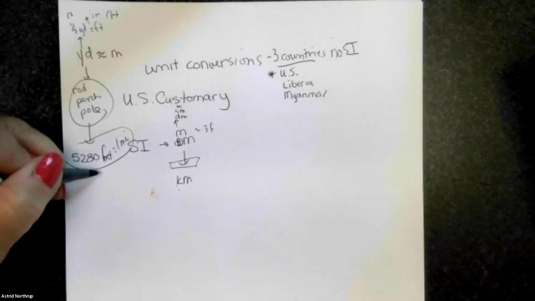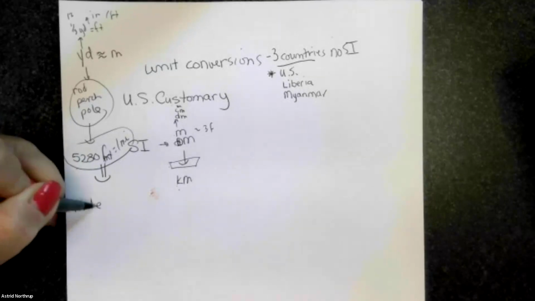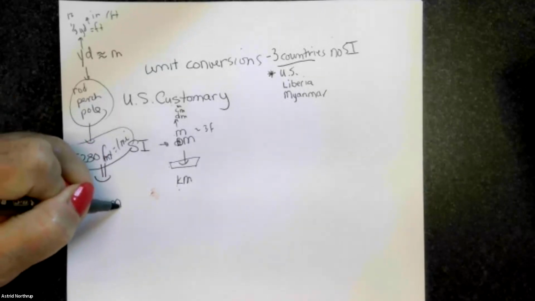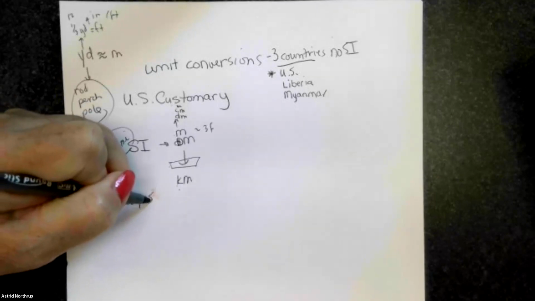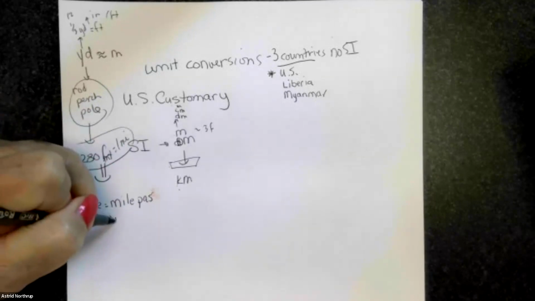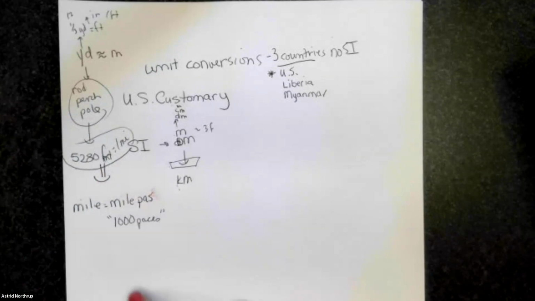So the word mile, just to finish off this discussion, actually comes from an old Latin word, which is basically millipas, which means 1,000 paces. Okay, and what a pace is, it's 2 steps.